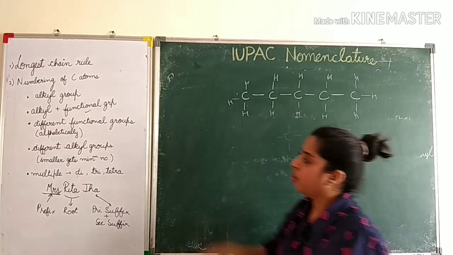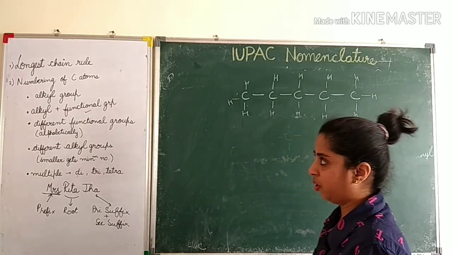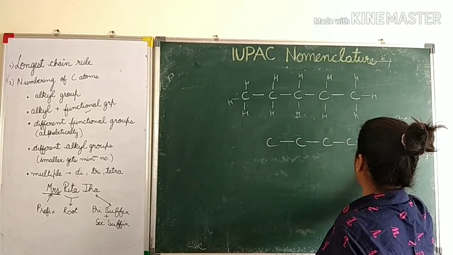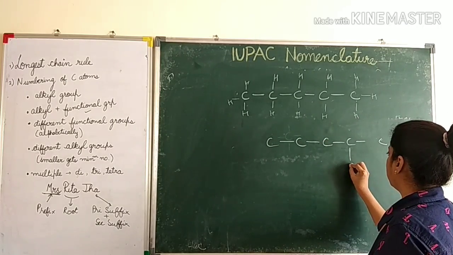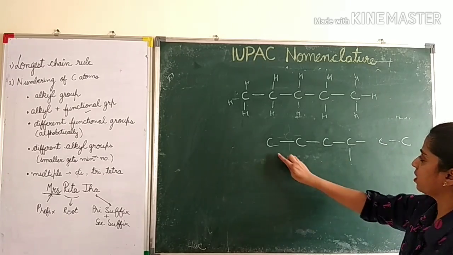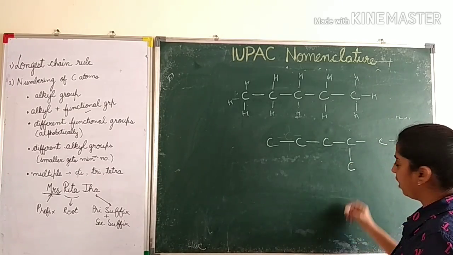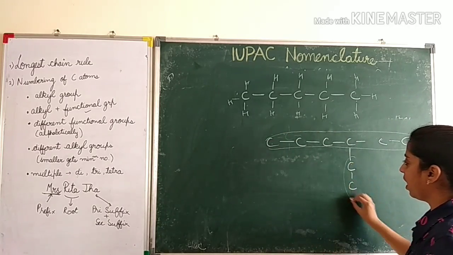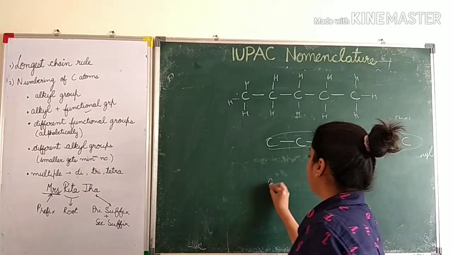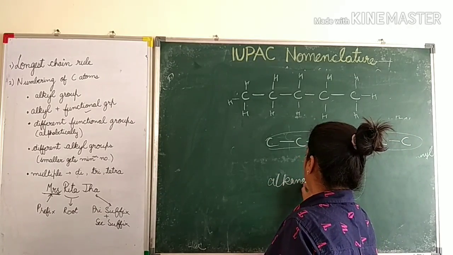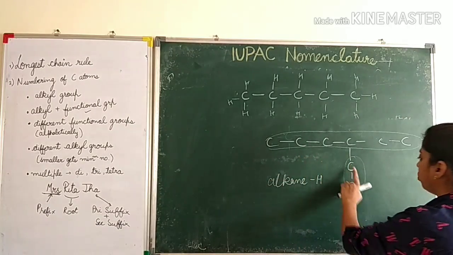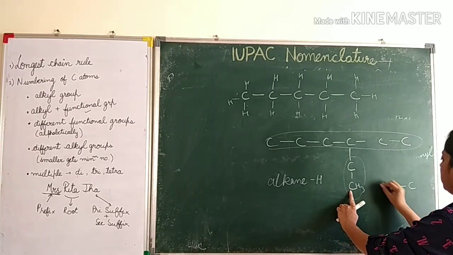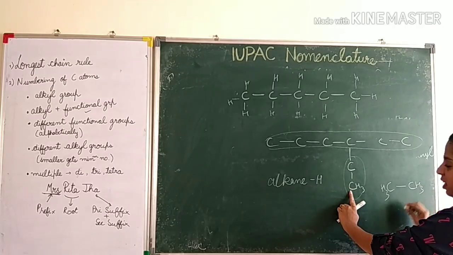Okay, now if there is an alkyl group on it, suppose in this longest chain, okay, there is this group. For example, in this longest chain there is an alkyl group here. If you have taken this longest chain, then this is an alkyl group. What is an alkyl group? Alkyl group is alkane minus 1 hydrogen. तो अगर ये 2 कार्बन थे, राइट, तो CH3 CH3, this is ethane.